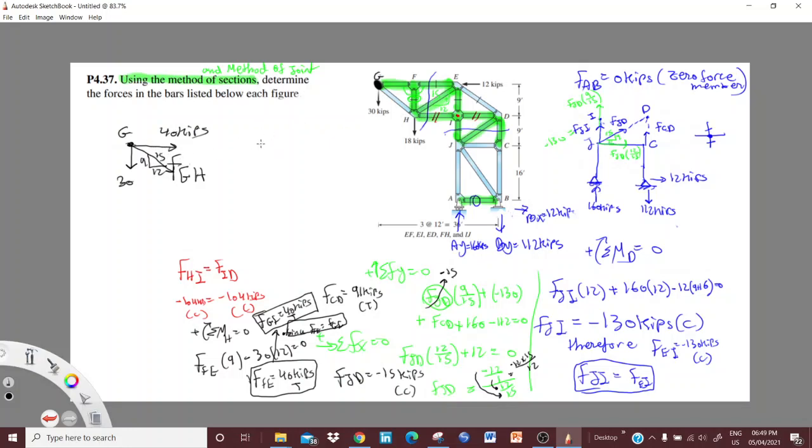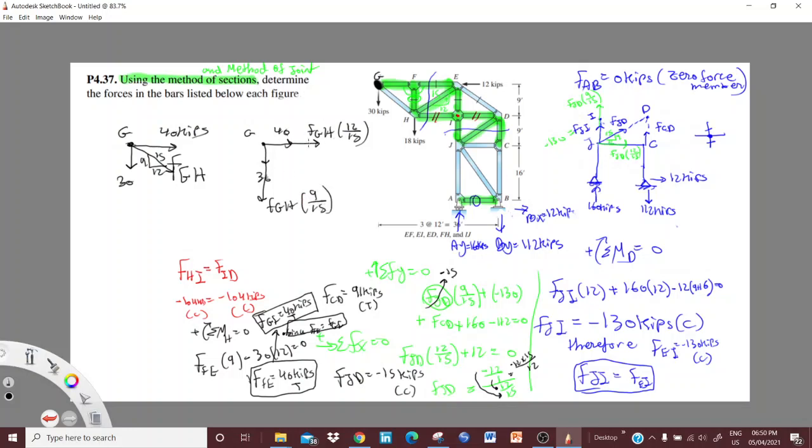So let's resolve the force. It's 40 and GH, which is 12 over 15 in one direction and 9 over 15 in the other.